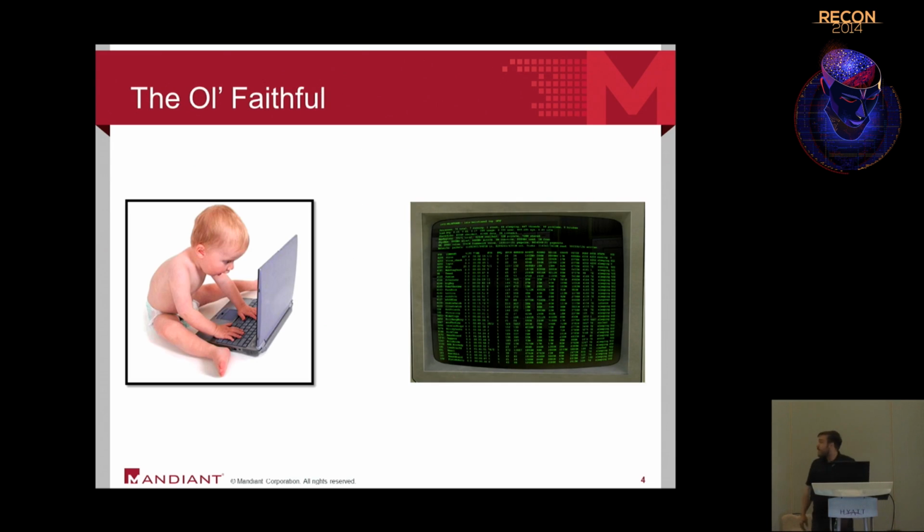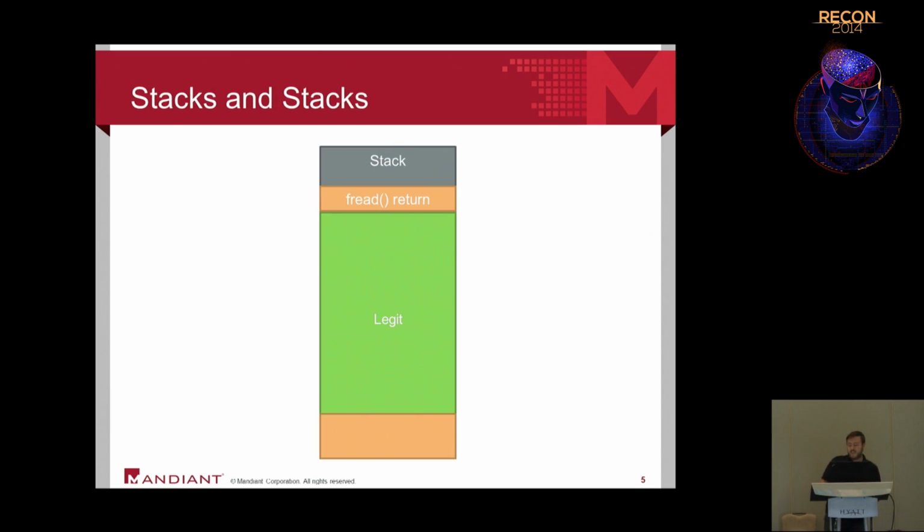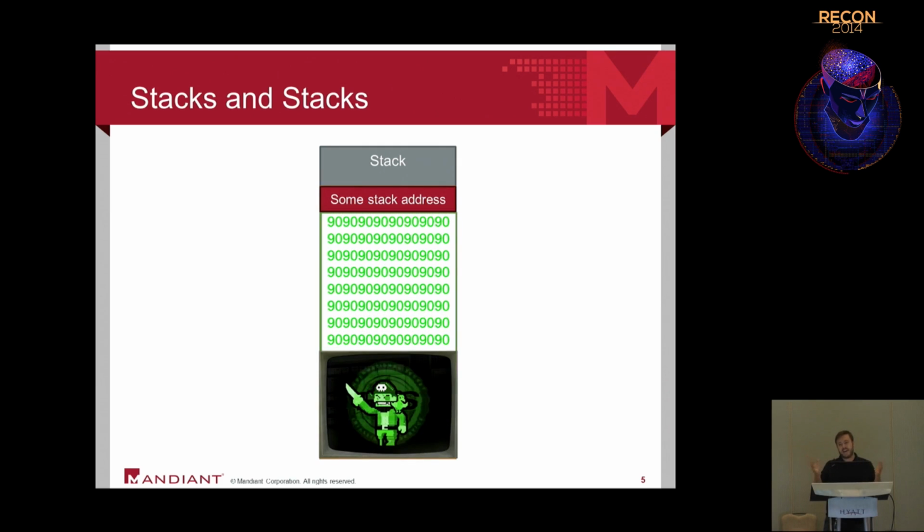So the attack surface that we're considering here is just the old general one where there's some user that has the ability to provide input. They cause a buffer overflow, and then suddenly you have an exploited process. The way this worked for a long time is that the attacker would cause this buffer overflow and throw a bunch of code onto the stack and just execute their code on the stack.